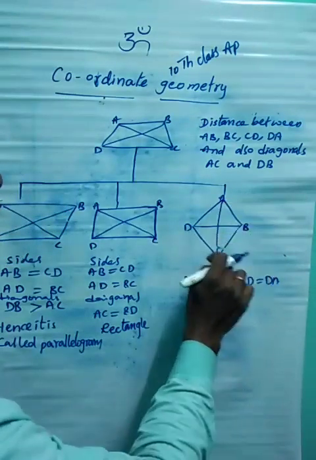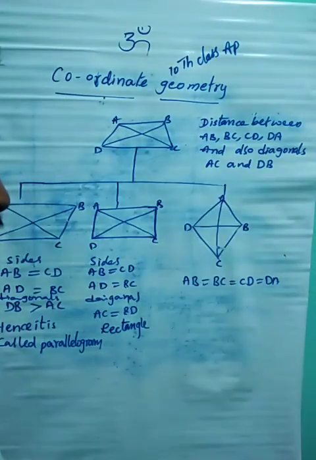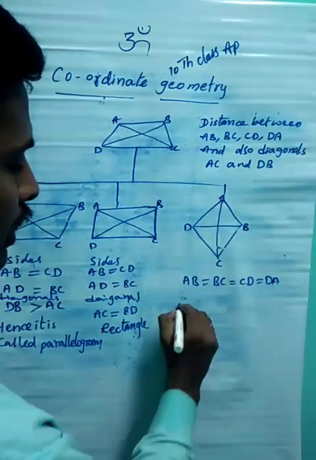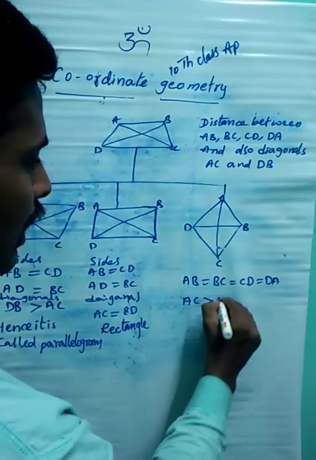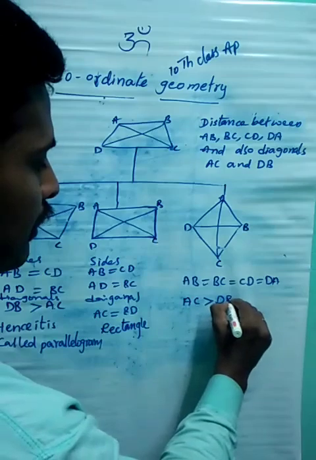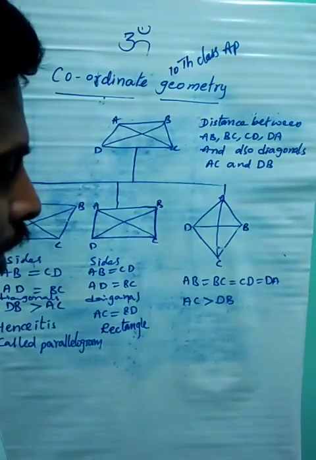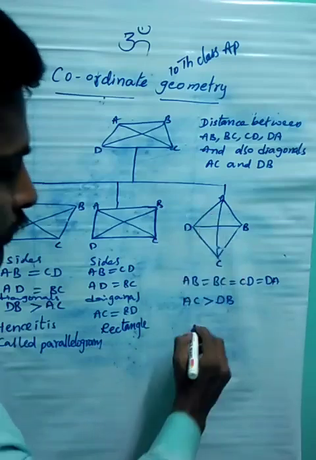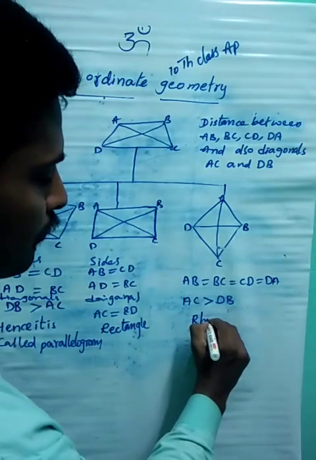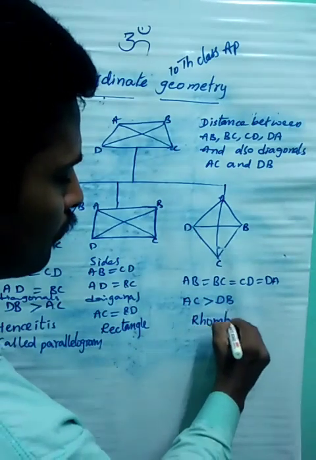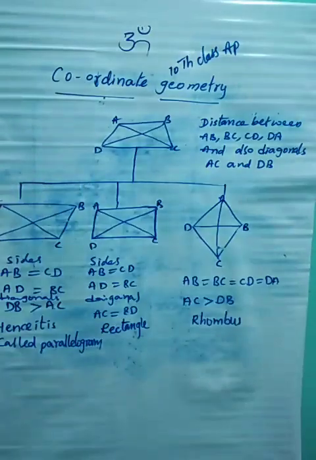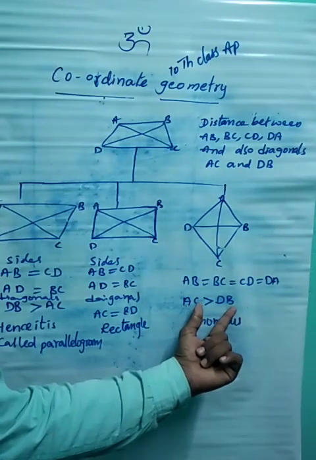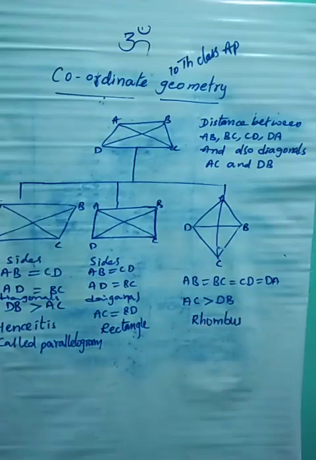On the diagonals, observe carefully: AC is greater than DB. So we can say this is a rhombus. Why is it called a rhombus? All sides are equal and one diagonal is greater than the other.